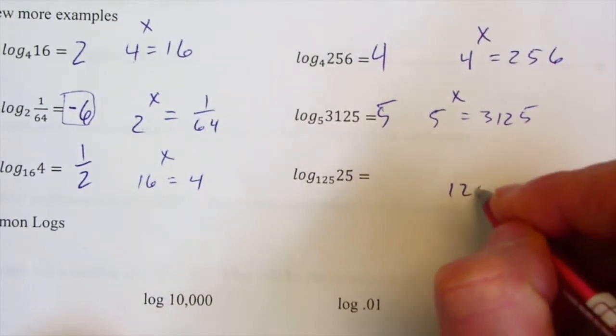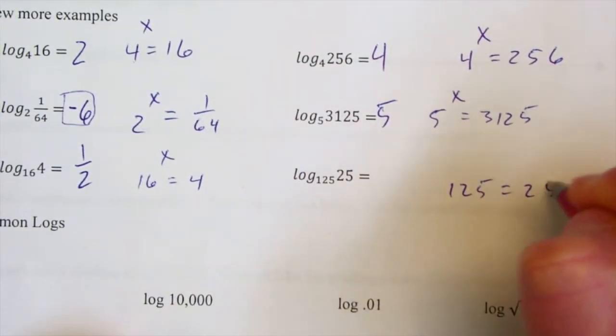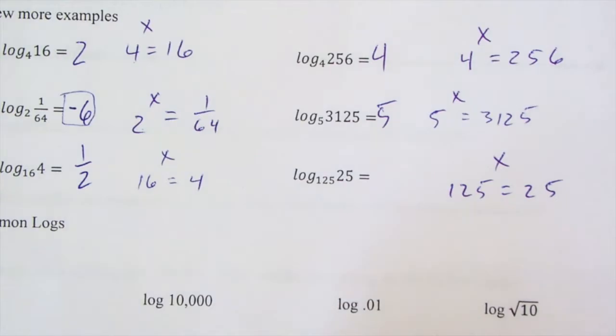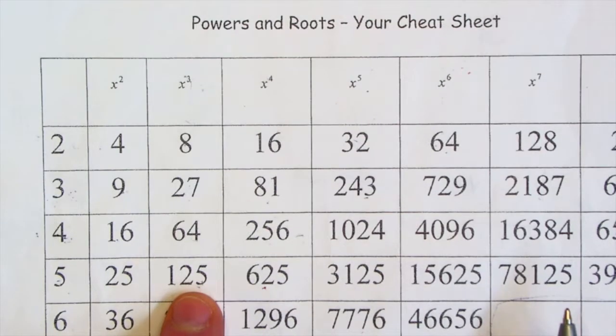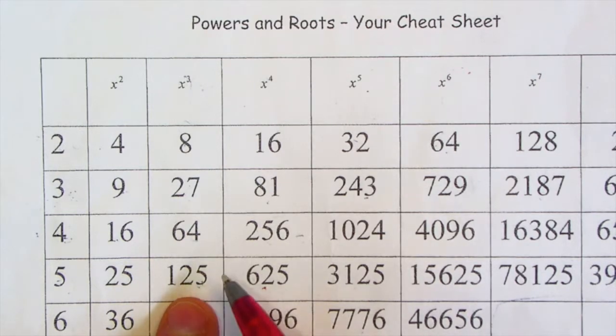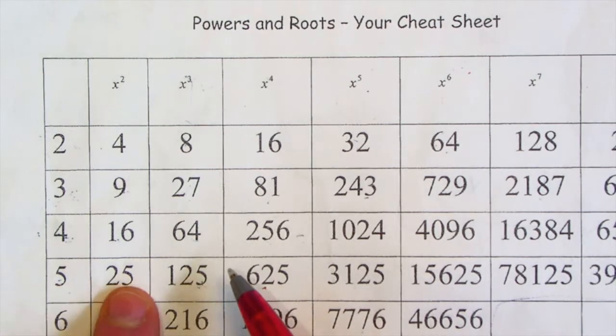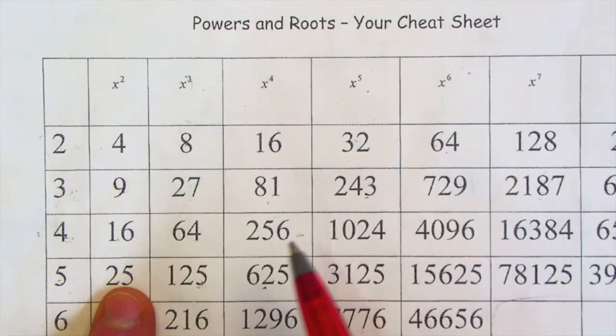All right, same thing over here. Start with a 125, end with a 25. This is probably as tricky as they're going to get. This is going to be a two-stepper. I'm going to go 125, over to 5, then back to 25. So there's two things we've got to do.